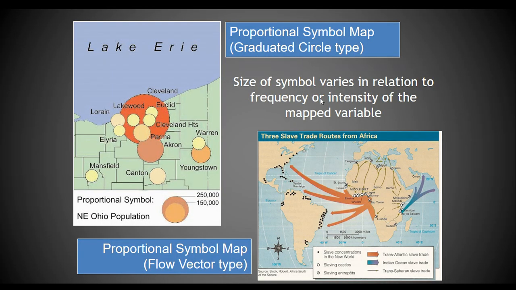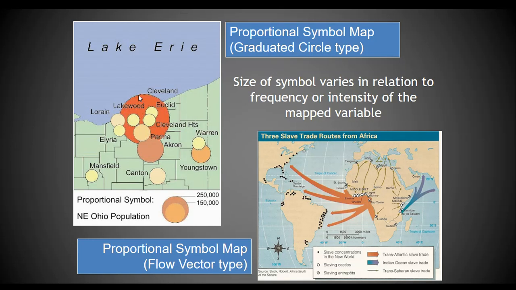A couple other examples. These are your proportional symbol, or graduated symbol maps. Now you can do proportional circles, proportional any shape, proportional vector. So it all depends on whatever shape you decide to use. But whatever shape you use, the size of the shape is going to be proportional to the value that it's to represent.